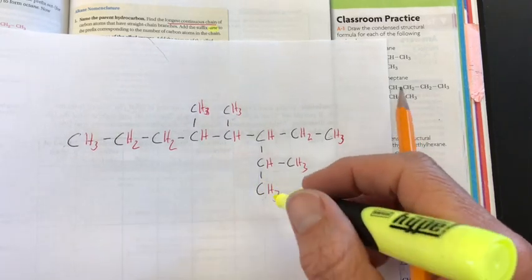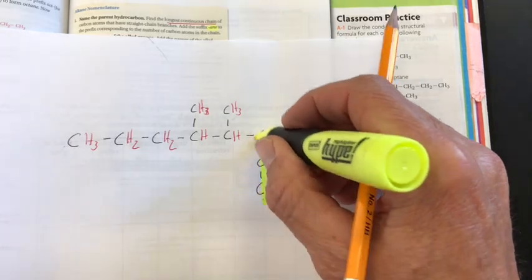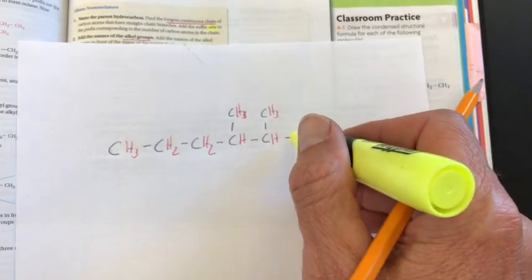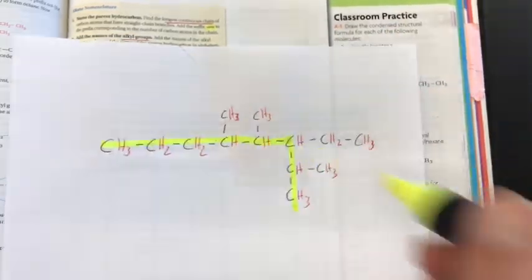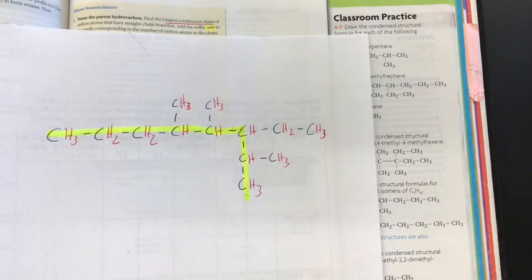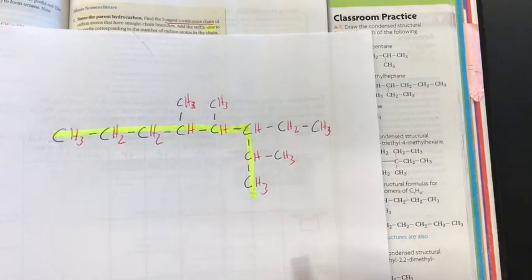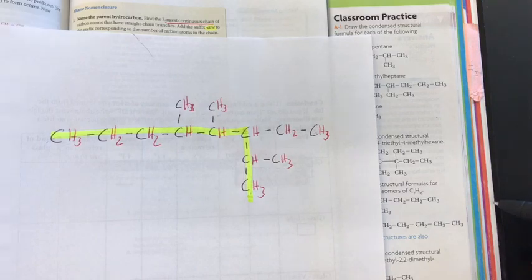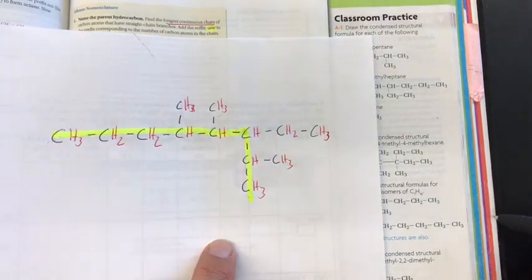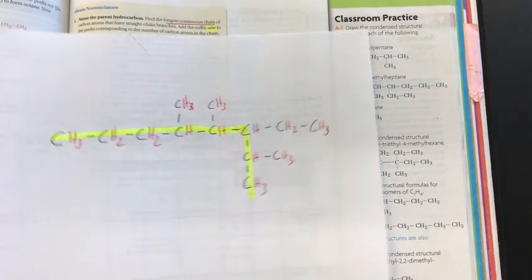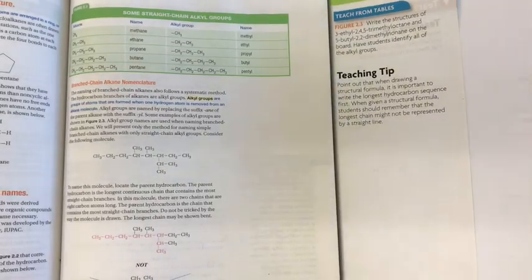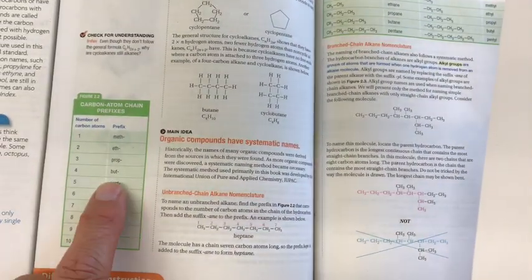So if we went this way, we don't have a way to name this guy, and I'll show you why. So I'm going to highlight this so we can look at this as the chain that we're going to try to name for our hydrocarbon. So our hydrocarbon's name is going to start out with the longest chain. In this case, it's 8. Well, what name is for 8? You remember the good old octopus. 8 is octa.